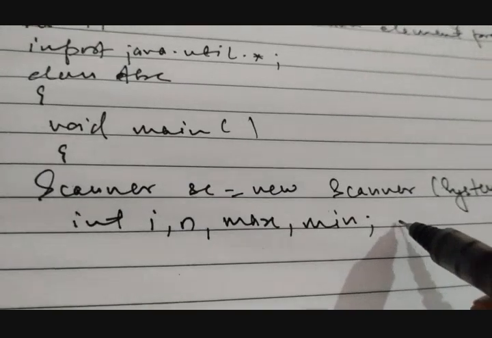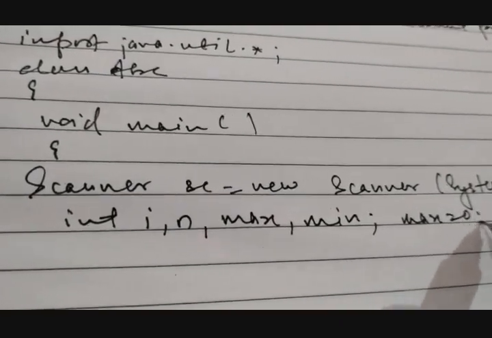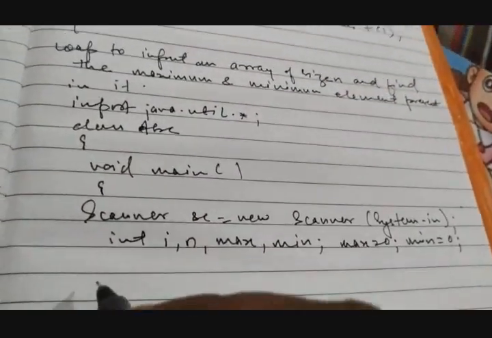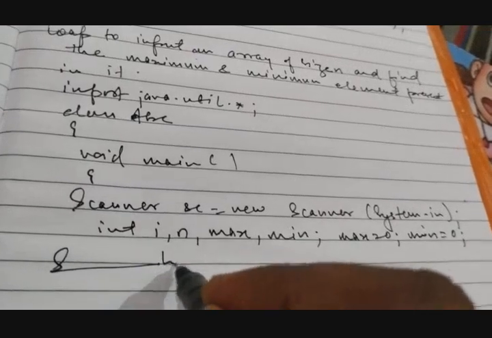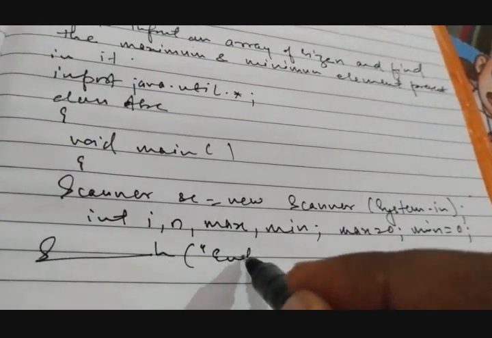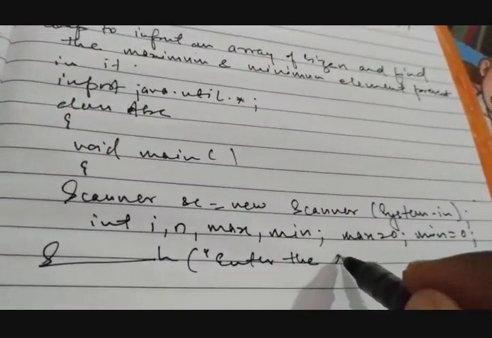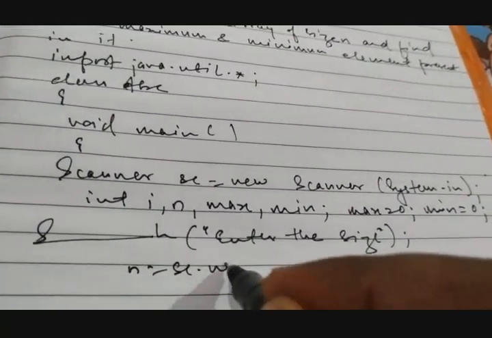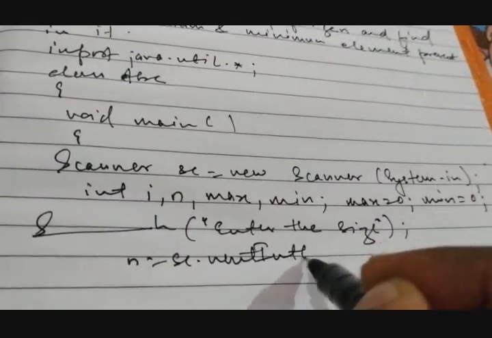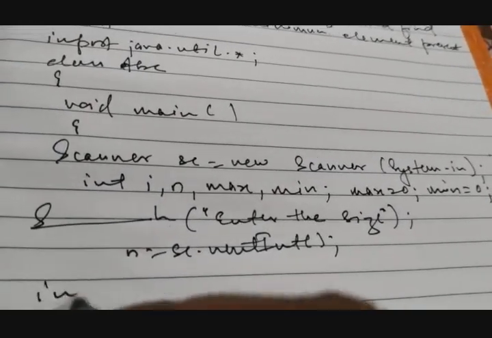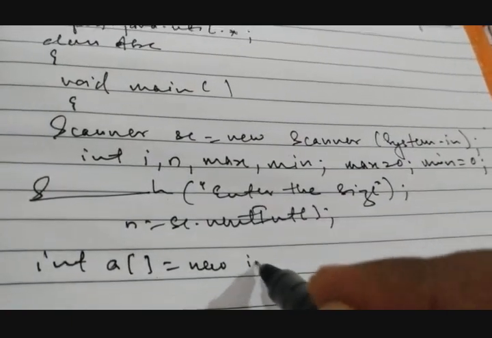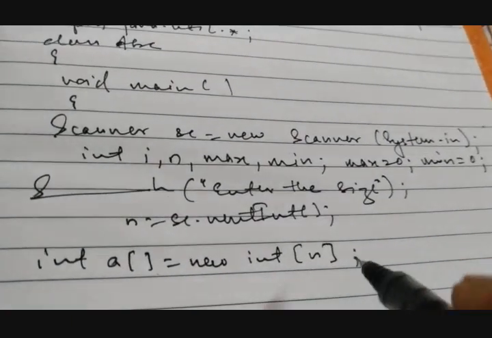Alright, so your max is 0 and min is also considered as 0. Enter the size. n equals sc.nextInt() method. Create an array, int a array equals new int n.